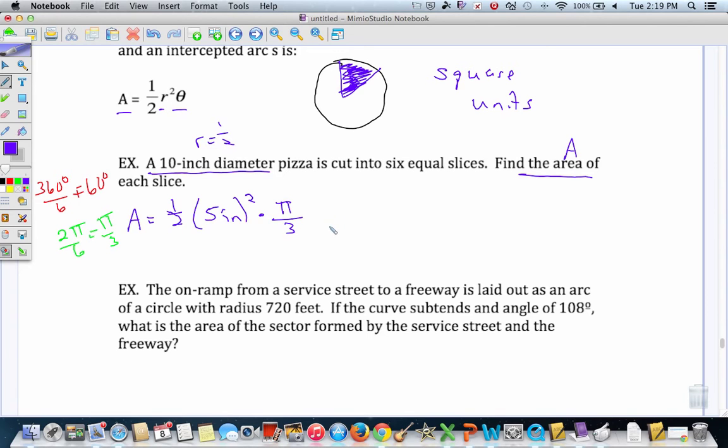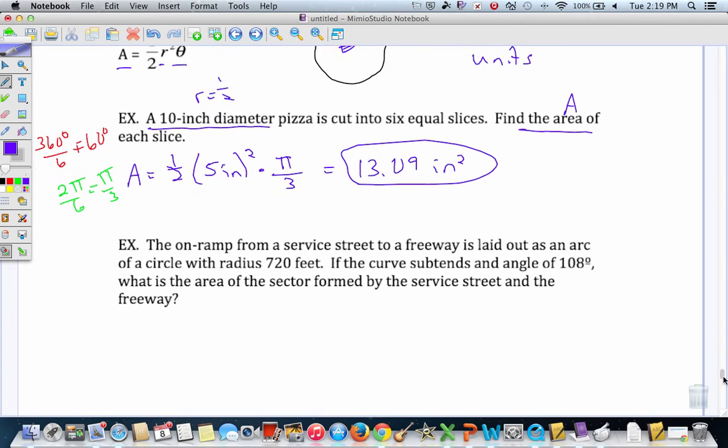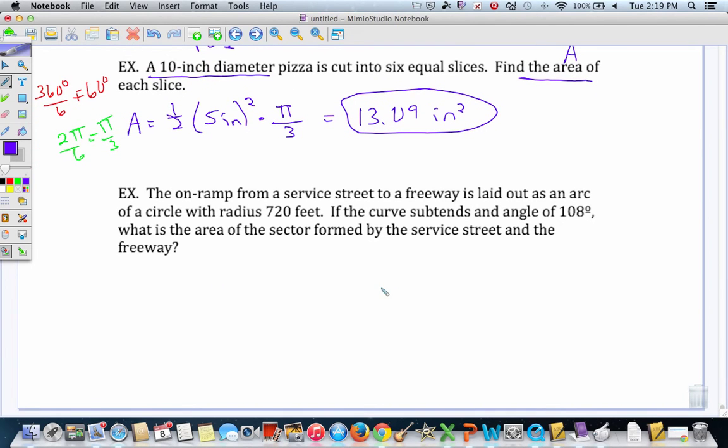So that's what I'm going to use over here, pi over 3 radians. And all I have to do is plug that in and calculate using my calculator. My area would be about 13.09 square inches. You can see when I square the inches, that's where the label square inches comes from. So one piece of pizza has an area of about 13.09 square inches.